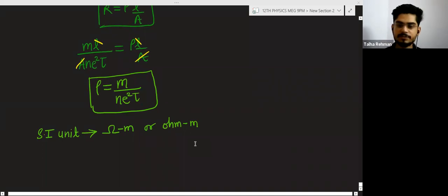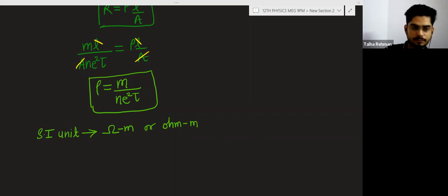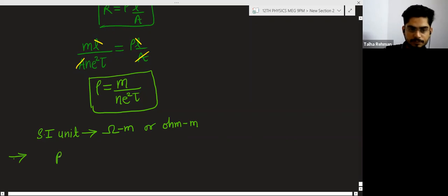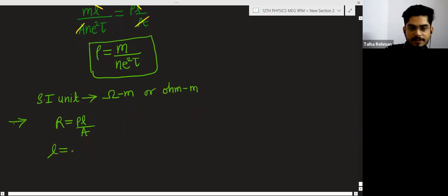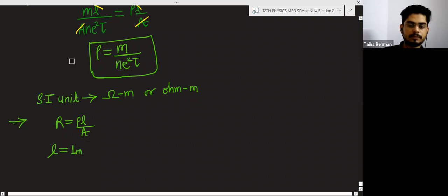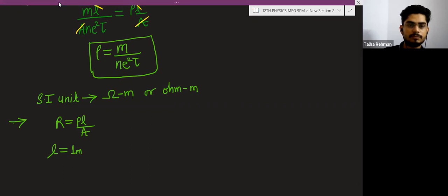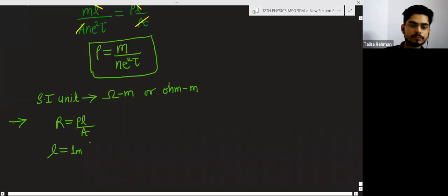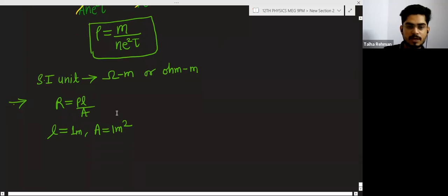If you want to define the resistivity, we know R is equal to rho L divided by A. If you take length equal to 1 meter and area equal to 1 meter square, then you put the value here: L is 1, A is 1, so resistance is equal to rho.